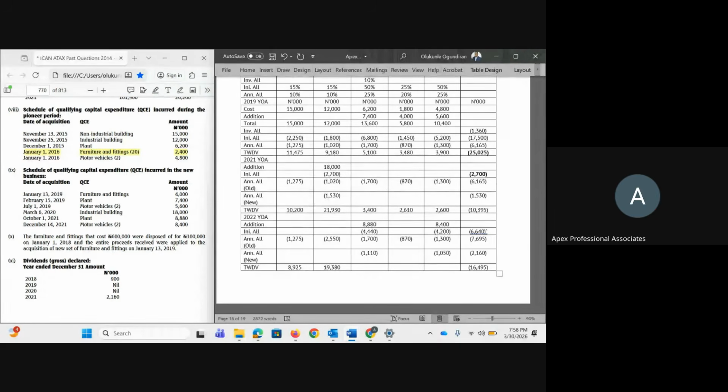Second to the last one. 1,740. Then the last one. 4,450. For the third one.